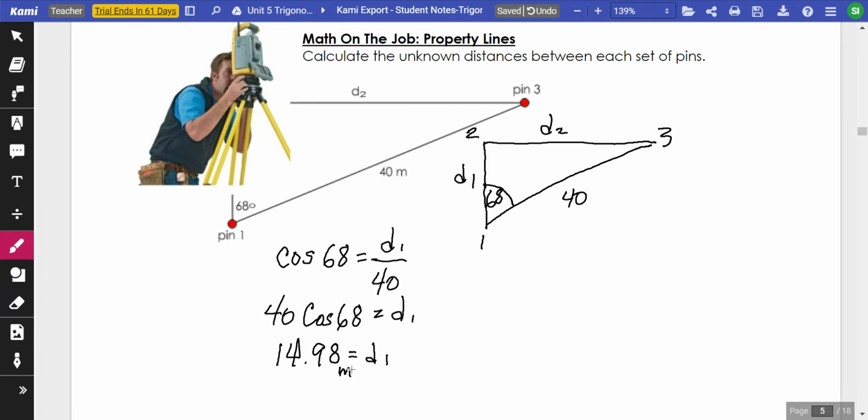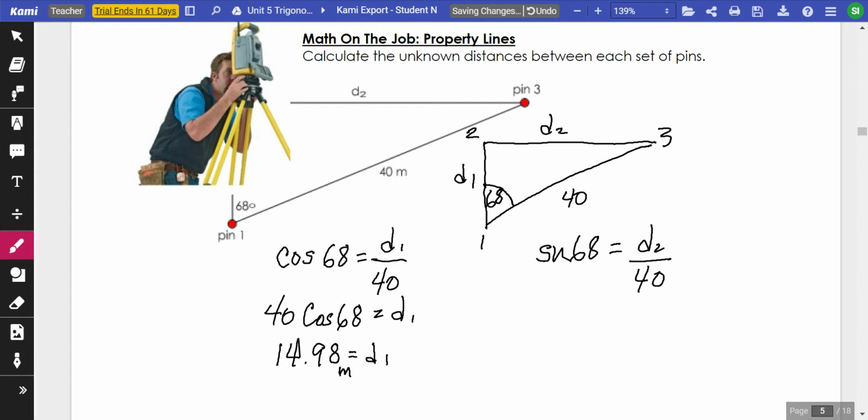Okay, and now we're going to find D2. From the 68 reference angle here, straight across is D2, so that's the opposite side, and we know the hypotenuse, so this is the sine function. Sine of 68 equals D2 over 40.